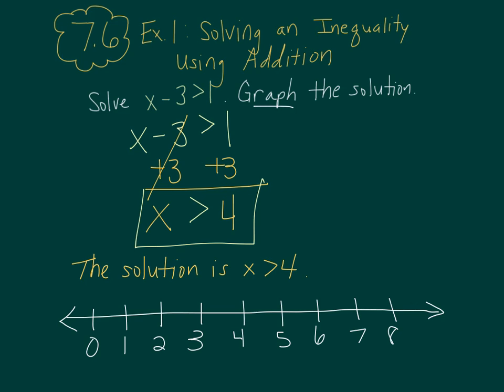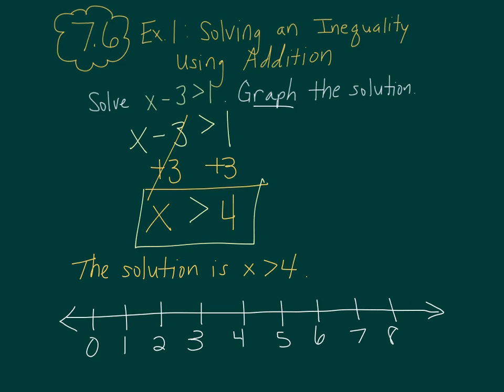And then we have those same two questions that we have to ask ourselves that we did in 7.5. So we have to ask ourselves, what kind of circle? Will it be open circle or closed circle? And then we have to decide if it's going to have a line going to the right or to the left. And so to determine if it's open circle or closed circle, we look at the sign. It says x has to be greater than 4. It doesn't say it could be equal to.